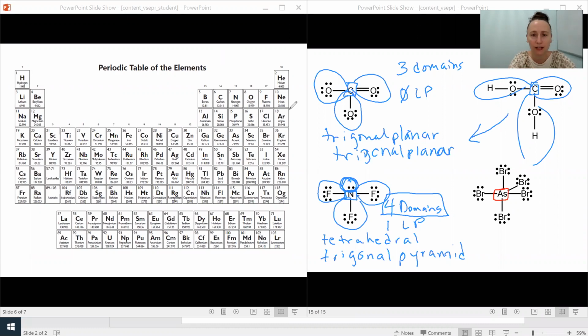But the third row and below always has an empty d shell that can hold a few more electrons.